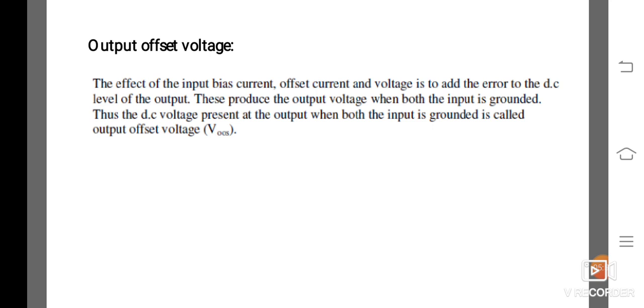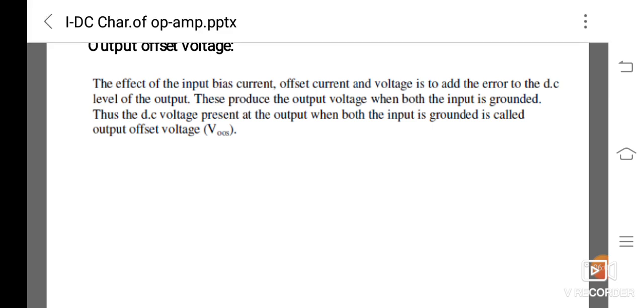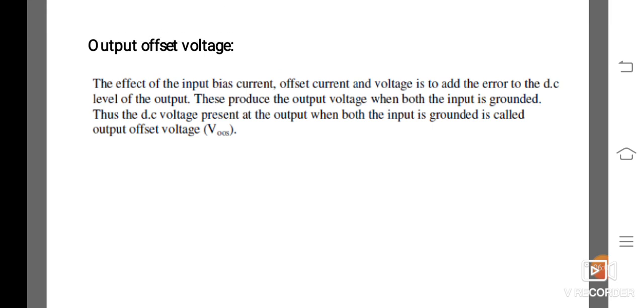And the next one is output offset voltage. Here, the effect of the input bias current, offset current and offset voltage adds an error to the DC level of the output.